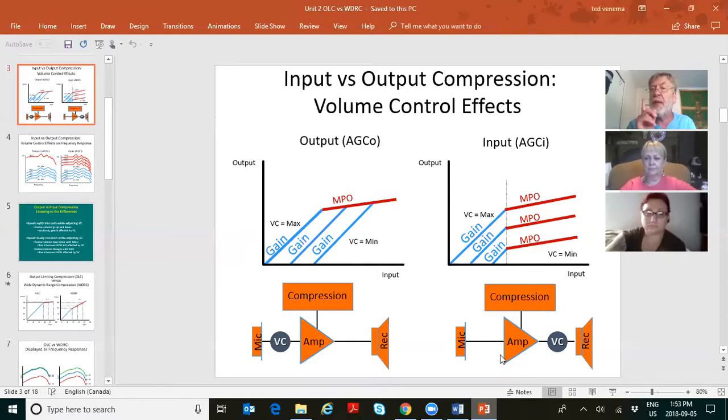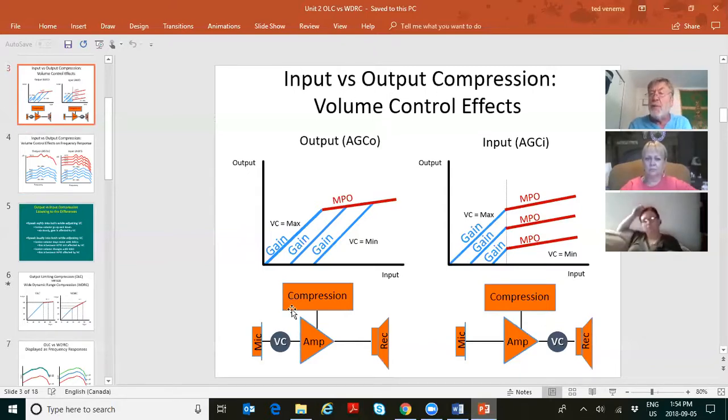In digital hearing aids, when the input is soft, if you adjusted the volume control, you'd adjust both the gain and the MPO. When the input is loud, if you adjusted the volume, you'd only adjust the gain and not the MPO. So you don't have to worry about picking one of these today. The digital hearing aids today automatically go into one or the other, okay? But on analog hearing aids, they were either this or that.